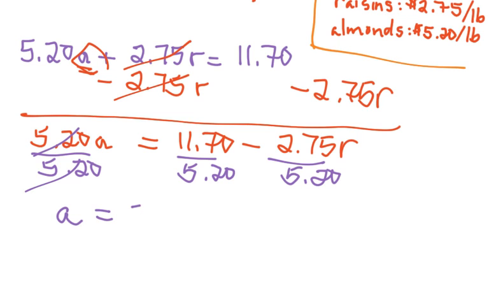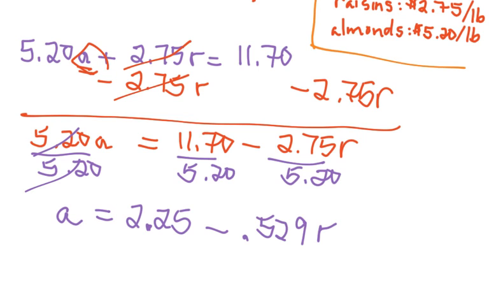I got 2.25, minus, and then I'm going to take 2.75 and divide it by 5.20. And what do I get? Ooh, I got a whole bunch of numbers. Let me make sure I got that right. 2.75 divided by 5.2, I got 0.5288. So I'm just going to round it and go 0.529R. Okay, that's what I did.